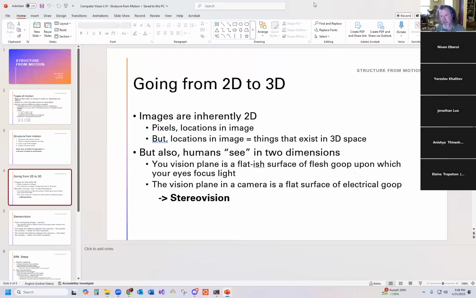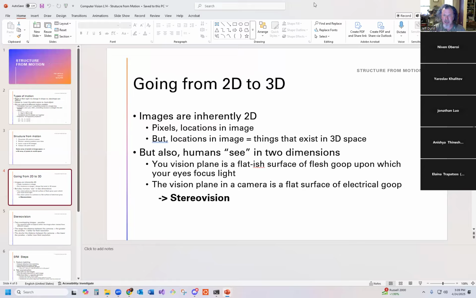We understand depth essentially because of stereoscopic vision, because we have two eyeballs and they point forward because we're predators and we need to see really well in front of us instead of everywhere around us. And so that's how it works. Humans are essentially just walking structure from motion eyeballs attached to a person.